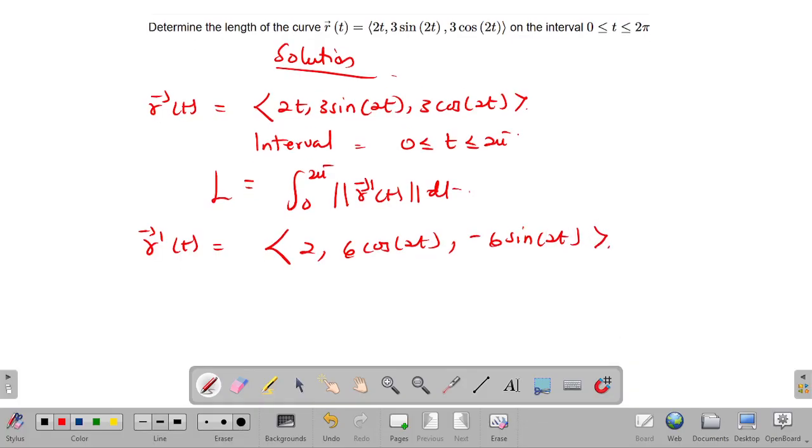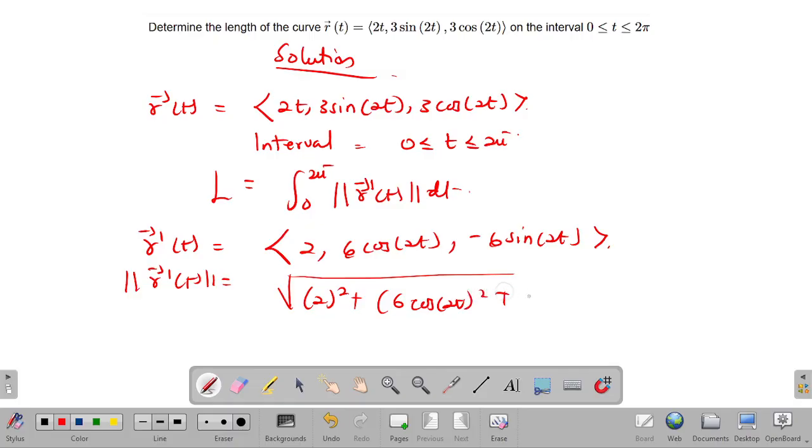Once I have this done, I need to find the length of my tangent vector r prime of t. So I take the square root of 2 squared plus 6 cosine of 2t squared plus negative 6 sine of 2t squared.